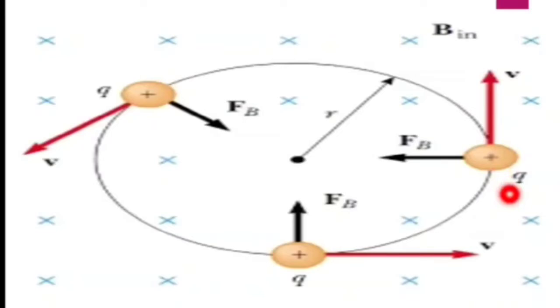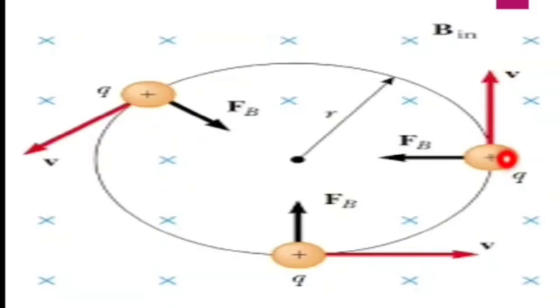For that, we have to see the direction of the velocity and the direction of the magnetic field B. We have to imagine this case in a three-dimensional way. Here you can see the direction of the velocity is upward and the direction of the magnetic field is into the plane.